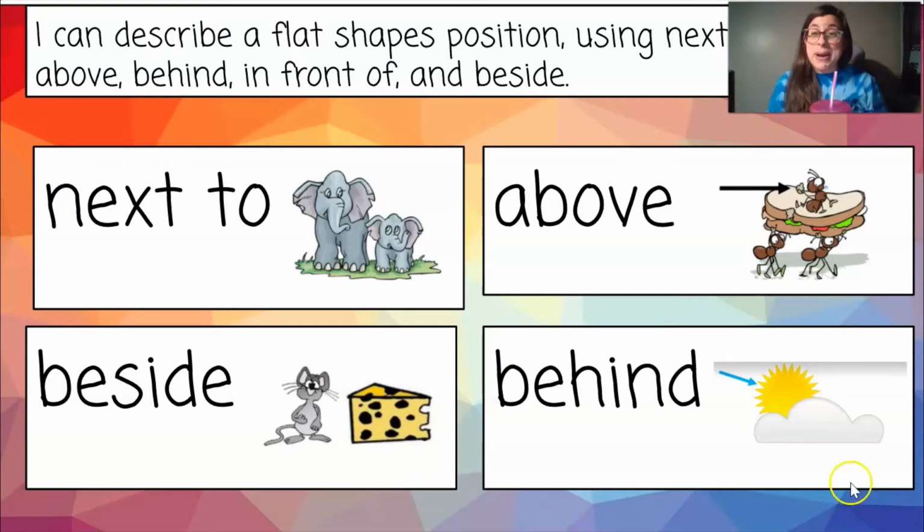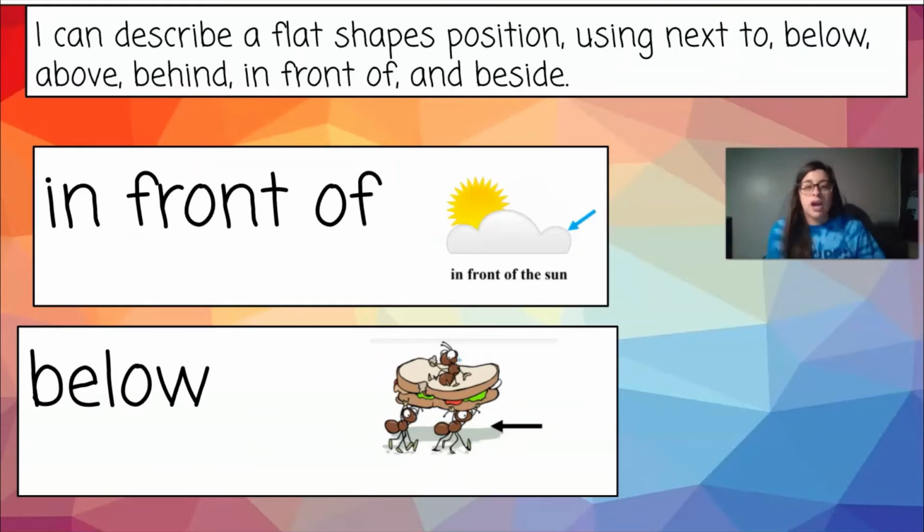Then we have the word behind. The sun is behind the cloud. My phone is behind my cup. Just like when you stand in line, you are behind someone. Let's try this one, in front of. So we learned about behind. Now we're going to talk about in front of.